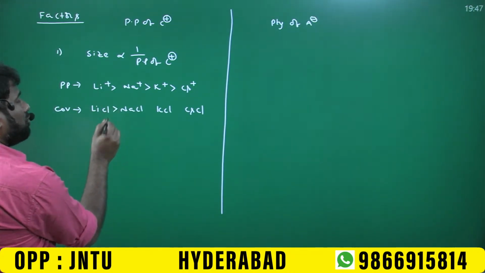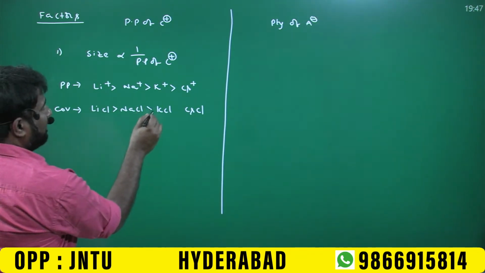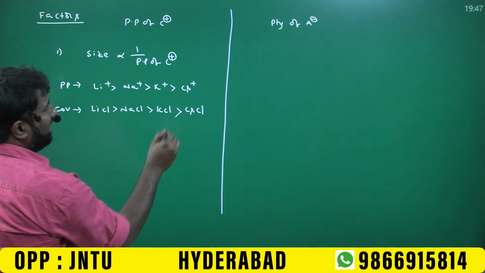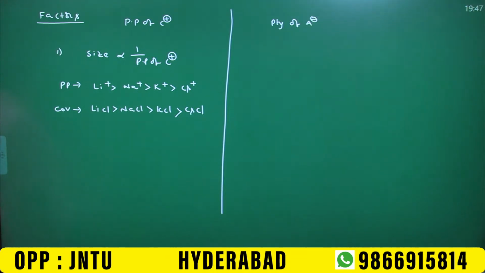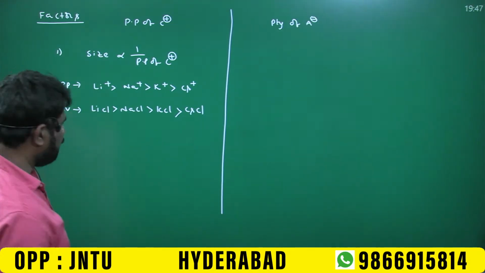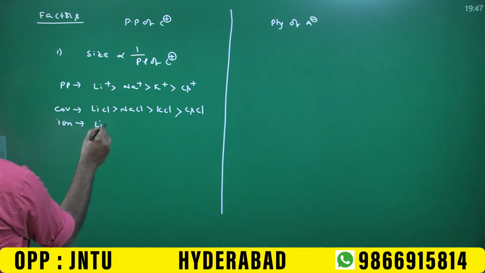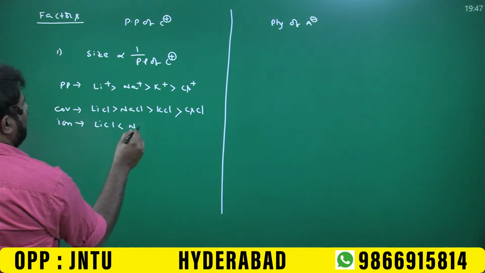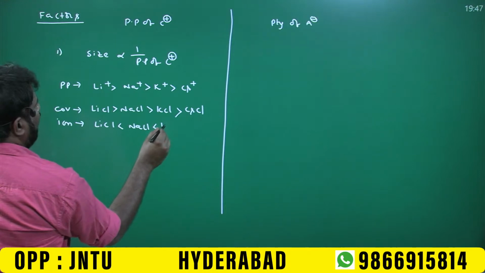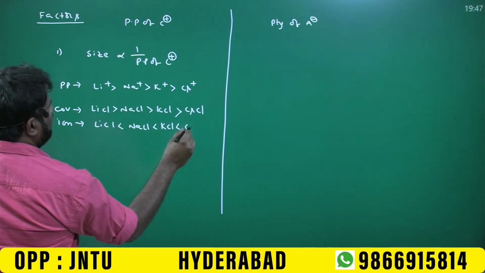So covalent character is more for LiCl than NaCl, than KCl, than CsCl. Which is more ionic? CsCl. Ionic character is in the reverse order: LiCl less than NaCl less than KCl less than CsCl.